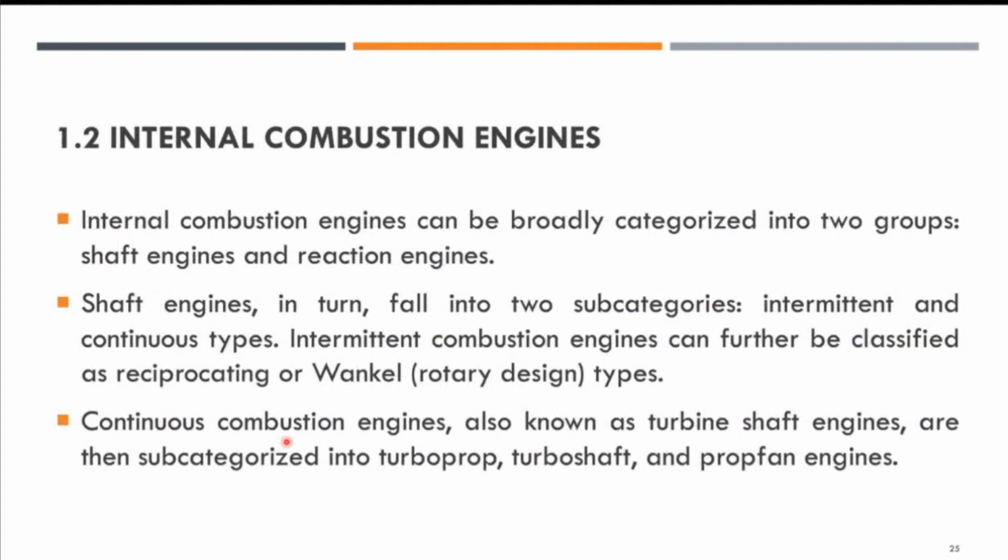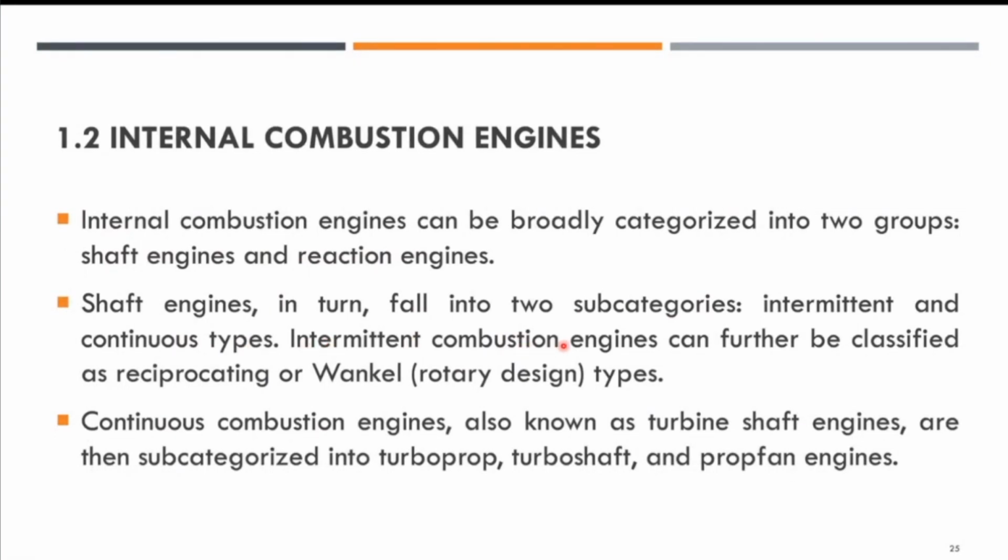Okay, the internal combustion engine can be categorized into two groups. One is the shaft engine and the other one is the reaction engine. So we will look into both. The shaft engine falls into two categories: one is intermittent combustion, the other is continuous combustion.